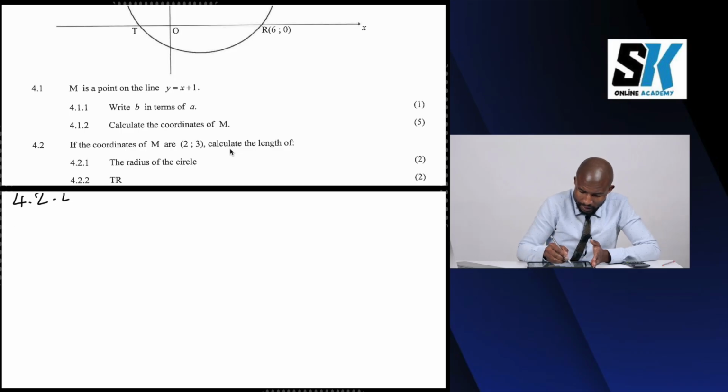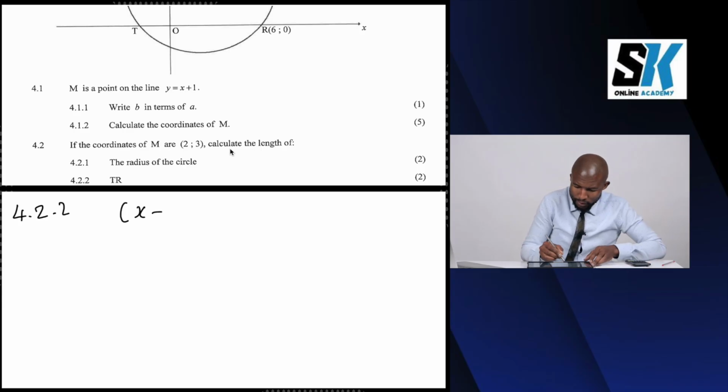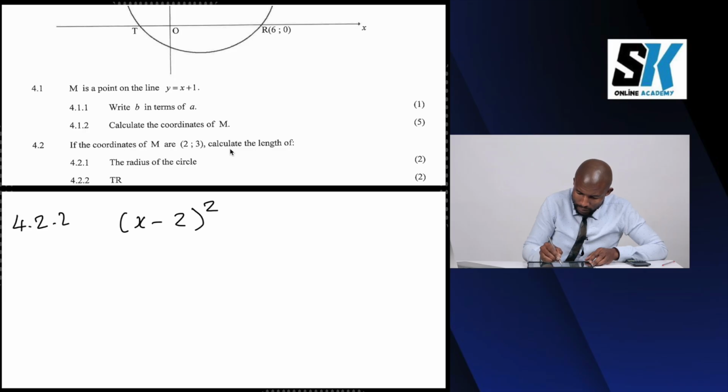So T belongs to your circle, so (x minus 2) all squared plus (y minus 3) all squared is equal to 25.